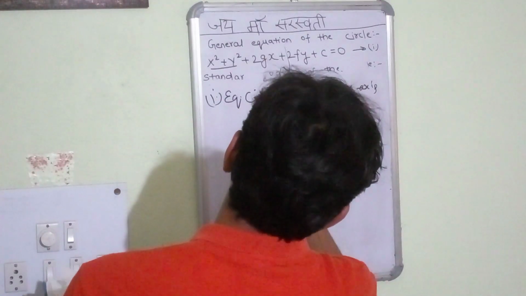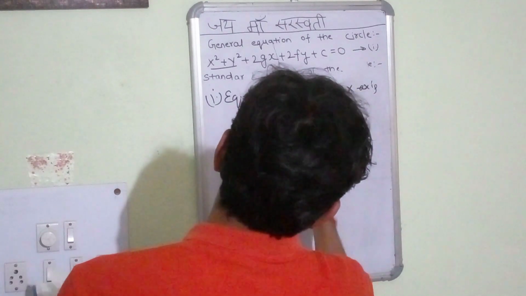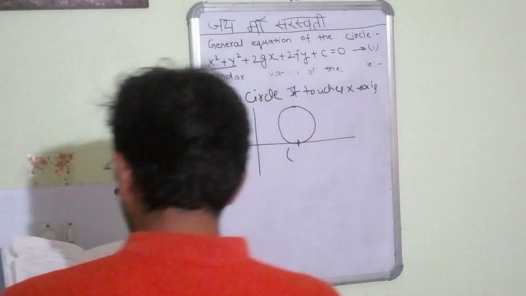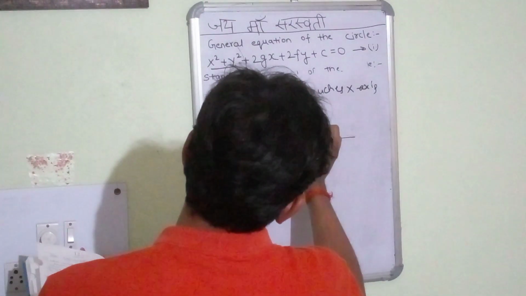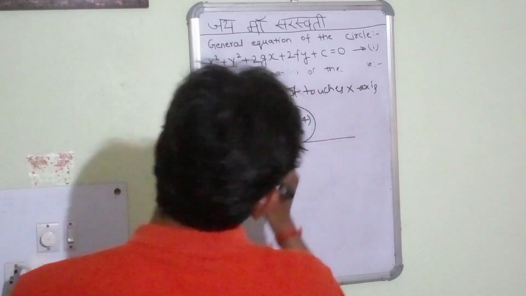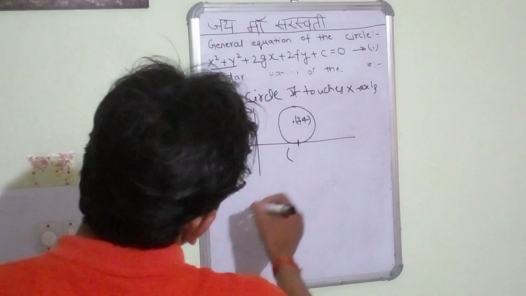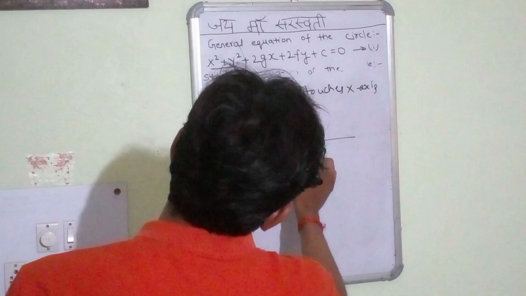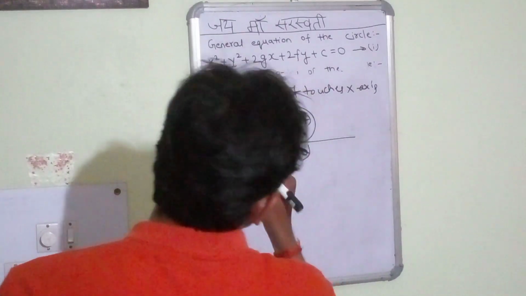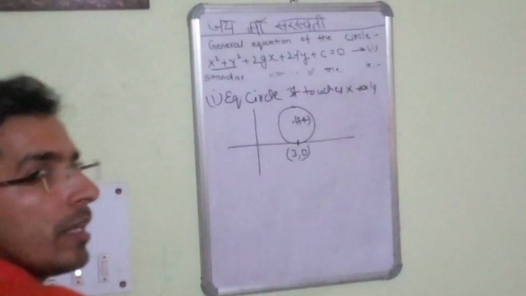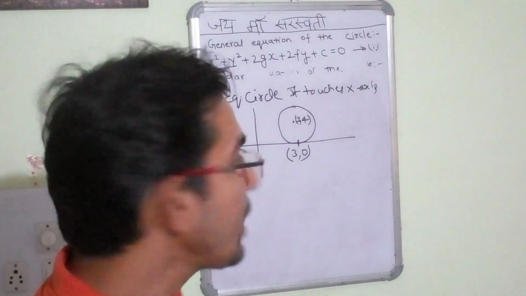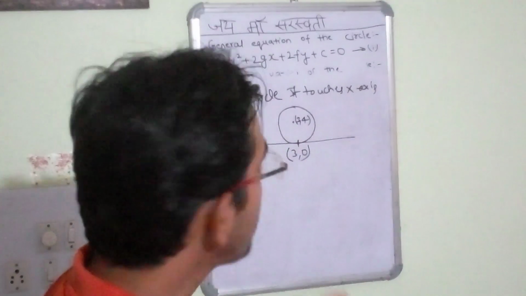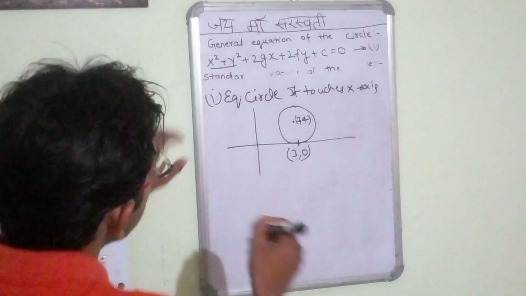Suppose the center is 3, 4, and this particular circle is touching the x-axis. So the point of contact will be 3 and the y coordinate will be 0. If any circle touches the x-axis, the y coordinate will be 0 and the x coordinate will be as it is. So we will be writing the equation here.